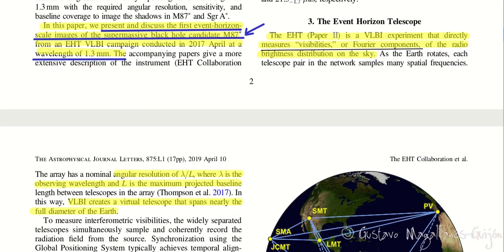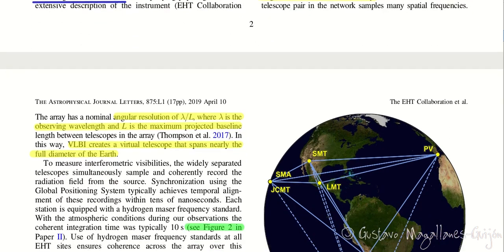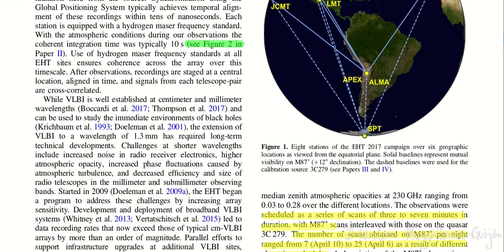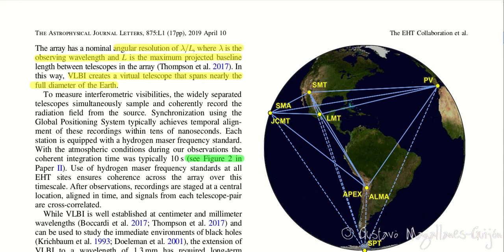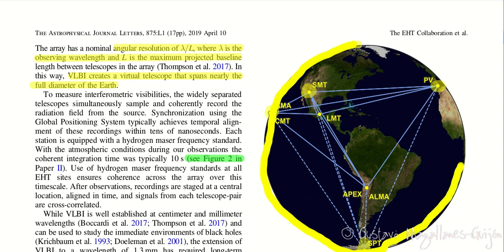In the third part, they explain about the Event Horizon Telescope and tell us about the participation in this experiment. In this map, we can see that there is one telescope here, another here, another here, and it is a bigger plate of a telescope with several antennas inside. From Chile to Mexico to Hawaii to Spain.